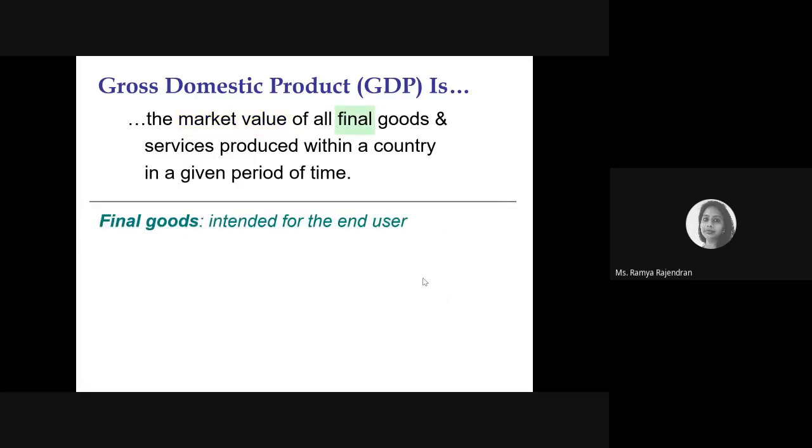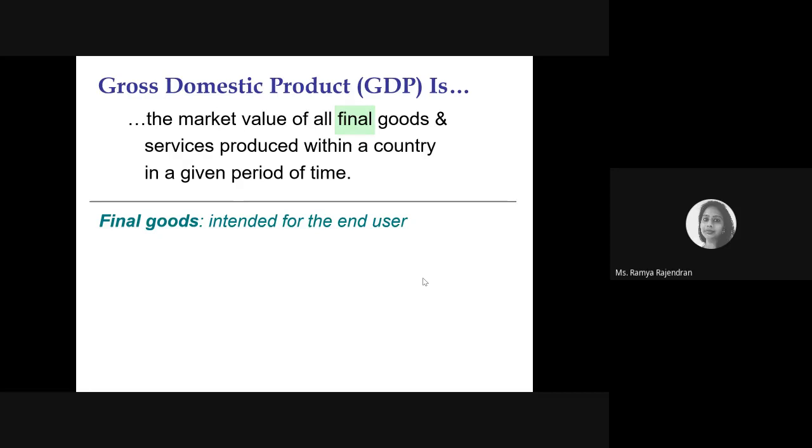Okay, next one is final goods. Here we are measuring only the final goods and services. For example, you are a company which makes threads out of cotton, and you supply to a textile company which makes shirts.